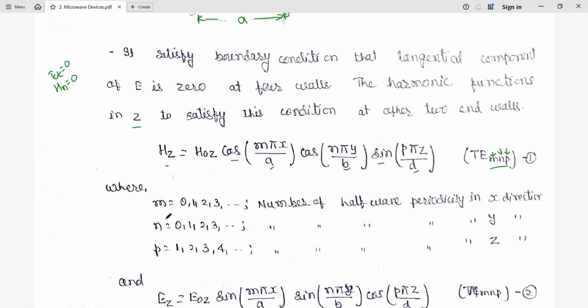The value of m is 0, 1, 2, 3, and for n also 0, 1, 2, 3, but p starts at 1, 2, 3, 4.